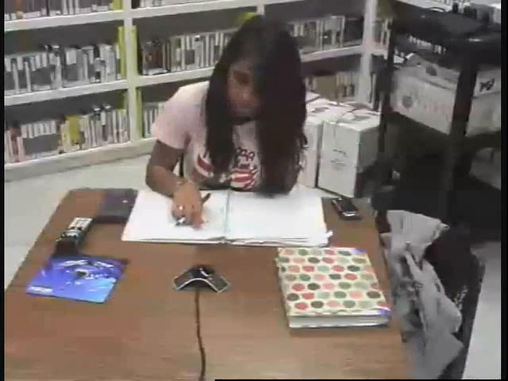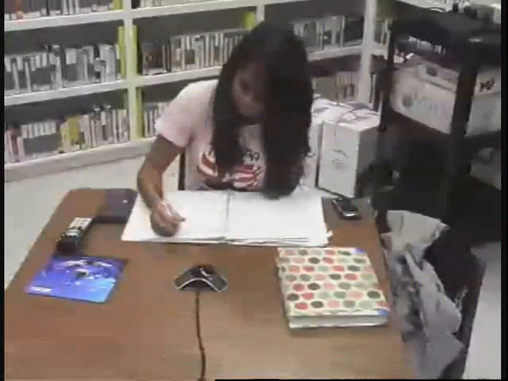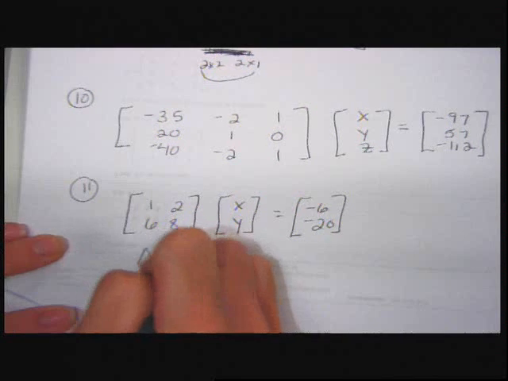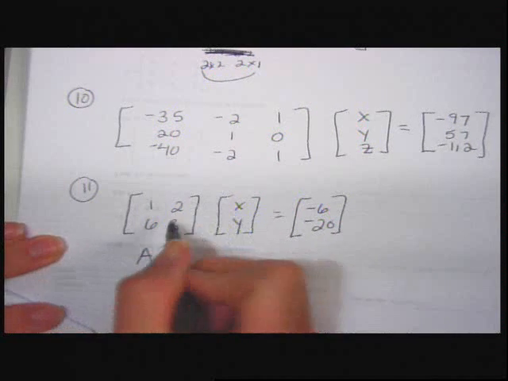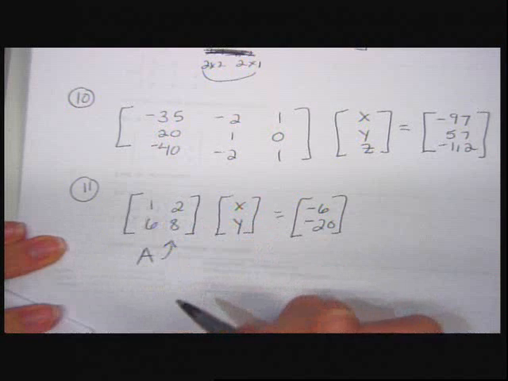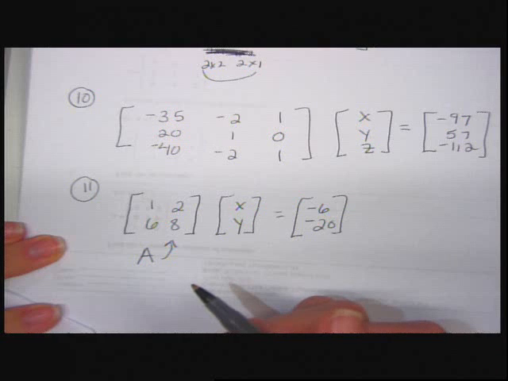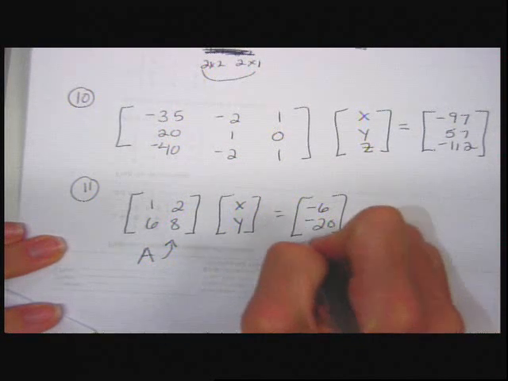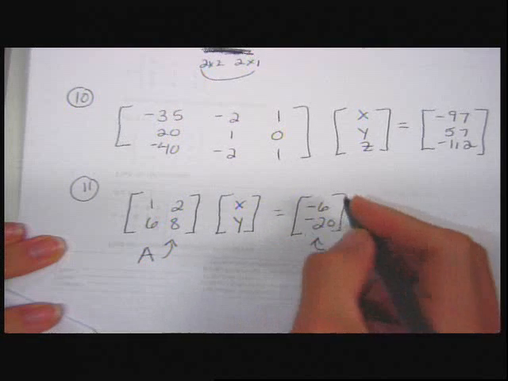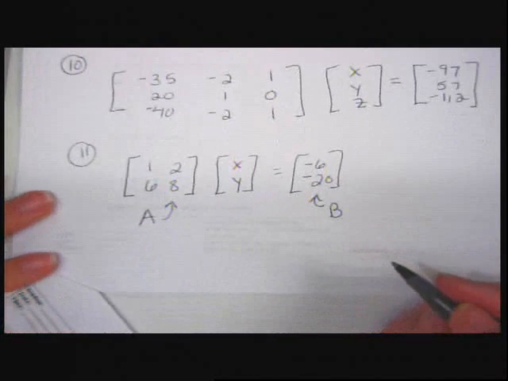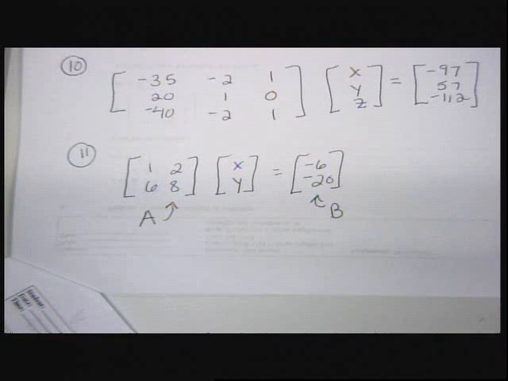And then -6 and -20. Okay. Now, this is my matrix A right here. So I'd like you to please enter this matrix into your calculator. And then enter this, -6, -20, that's matrix B, into your calculator.